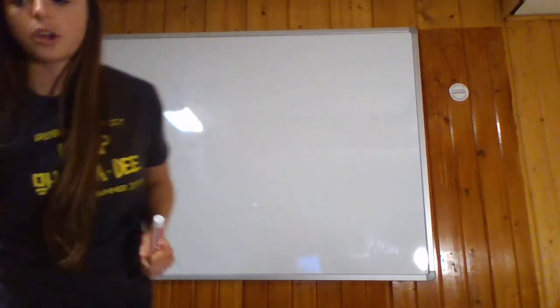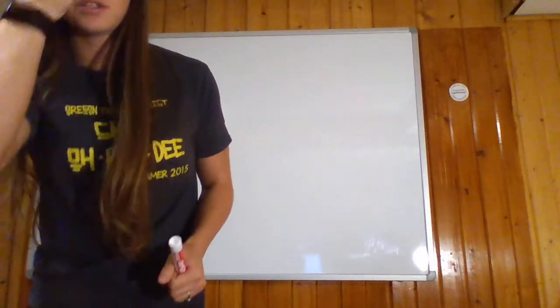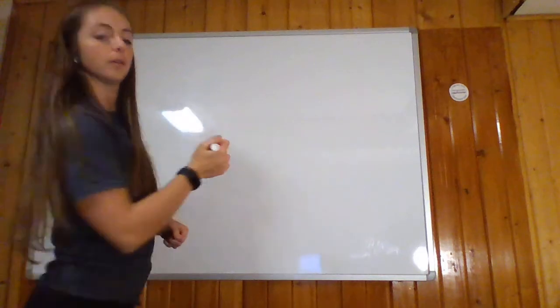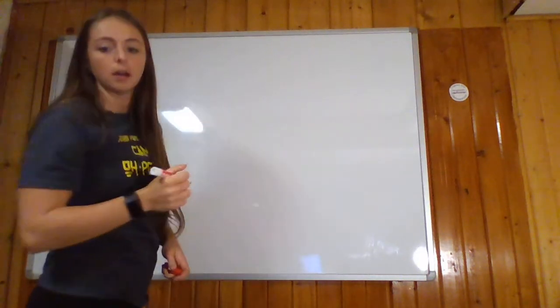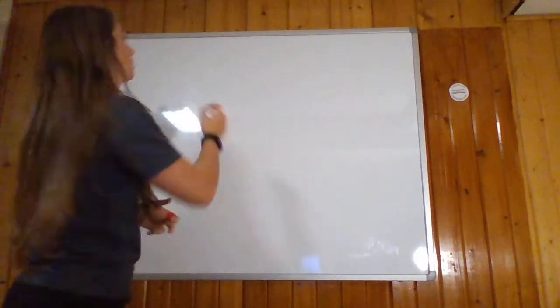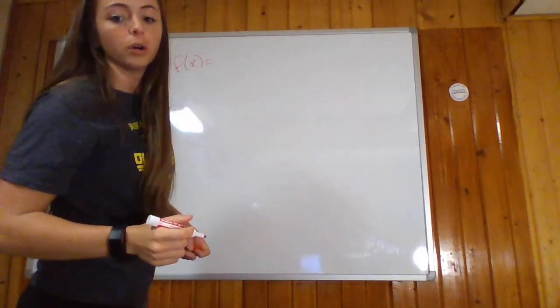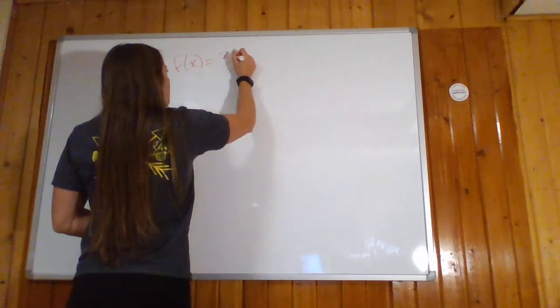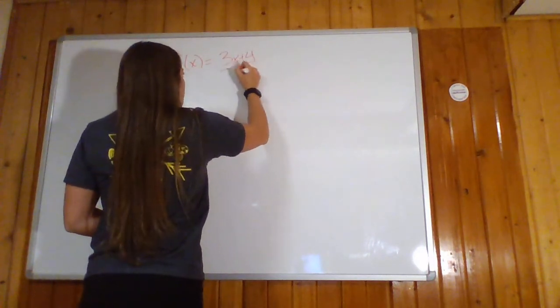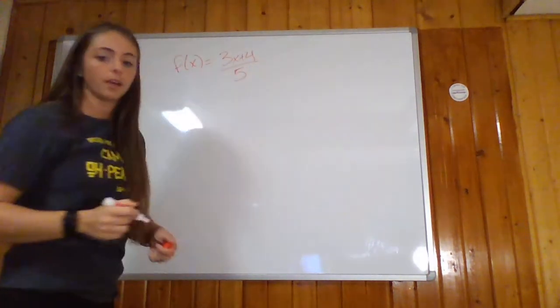So every single x and y coordinate are just completely flipped. So let's ask, is the following function one-to-one? So f of x equals 3x plus 4 over 5.